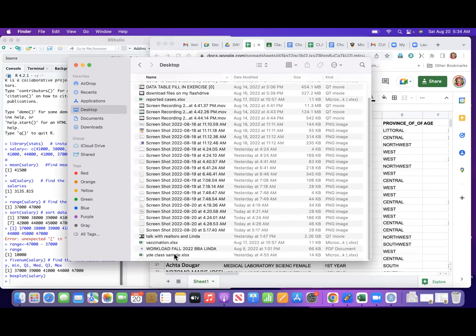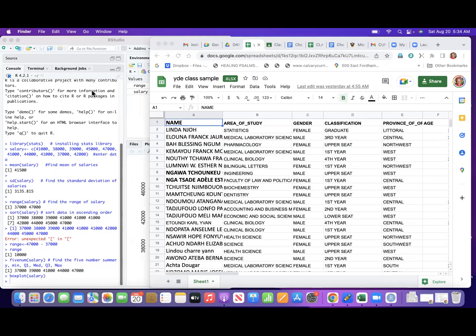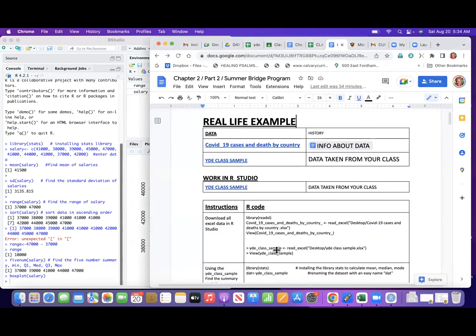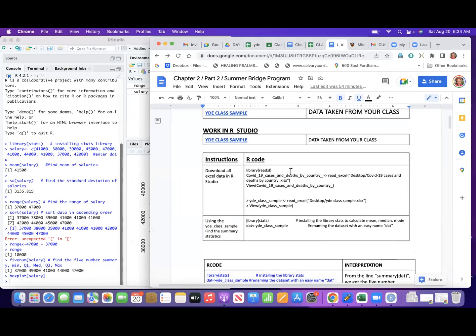See, here goes the data right here. It's on my desktop. It has to be on your desktop for this thing to work. Once I have the data on the desktop, then I can start working. Okay? So this is where you are.